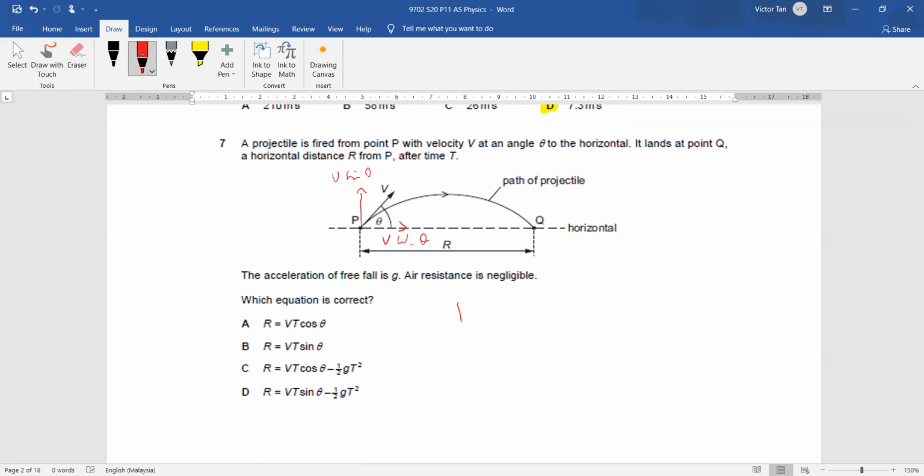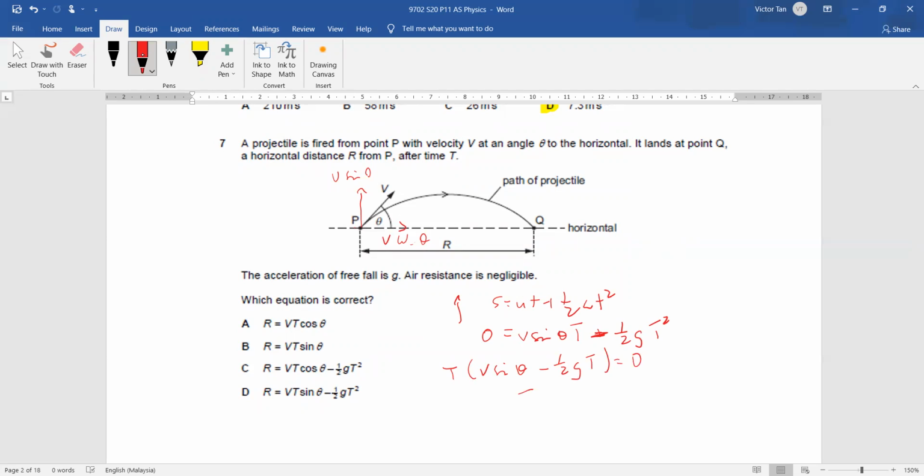Taking vertically, s equals ut plus half at squared. So s is 0, the vertical displacement. v sine theta t minus half g t squared. So you have t times v sine theta minus half g t.